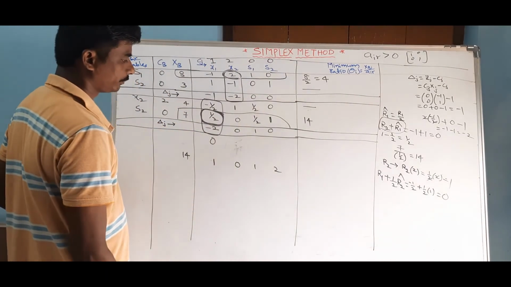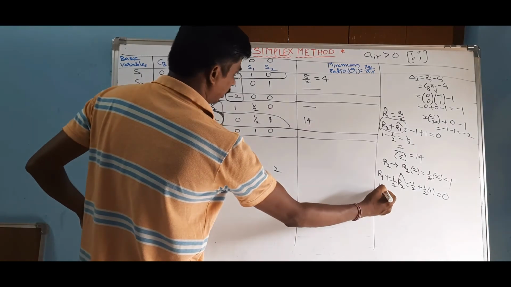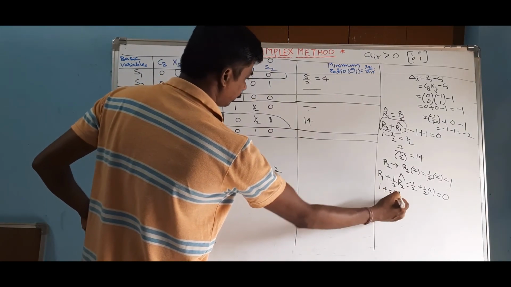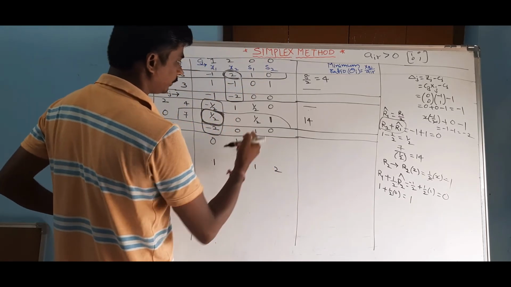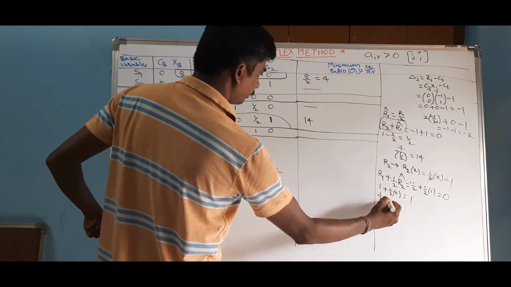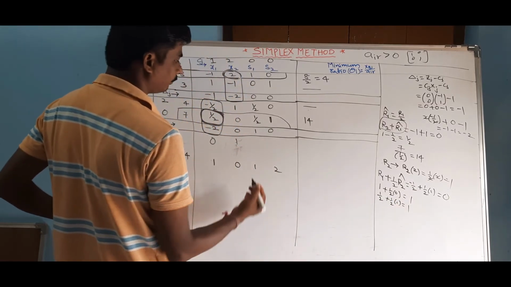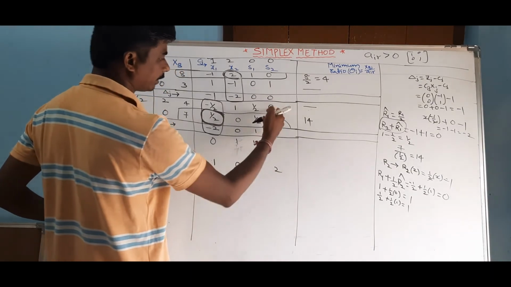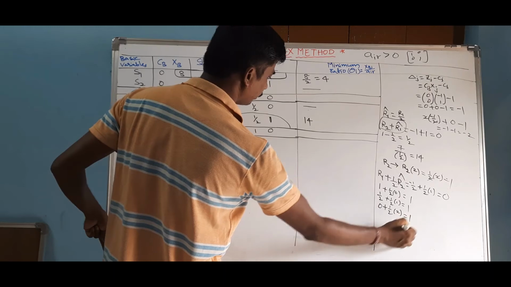This is 0. Okay, next, 1 plus 1 by 2 into 0, that equals 1. Next, 1 by 2 plus 1 by 2 into 1, that equals 1. Okay, right. Next, 0 plus 1 by 2 into 2, that equals 1.